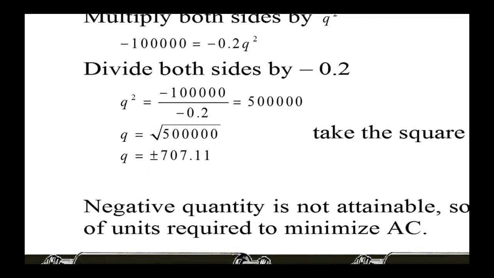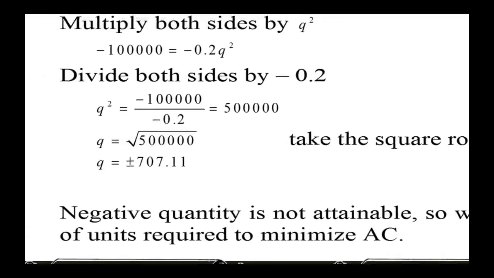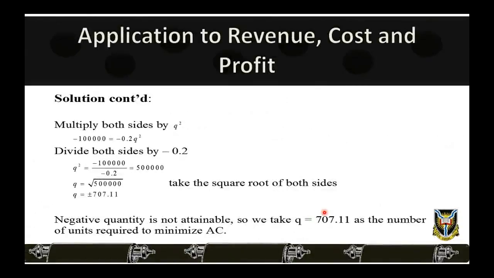Take the square root of both sides. Q equals square root of 500,000. Q equals plus or minus 707.11. Negative quantity is not attainable, so we take Q equals 707.11.